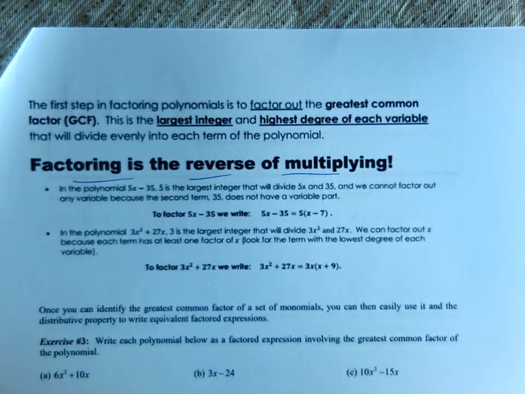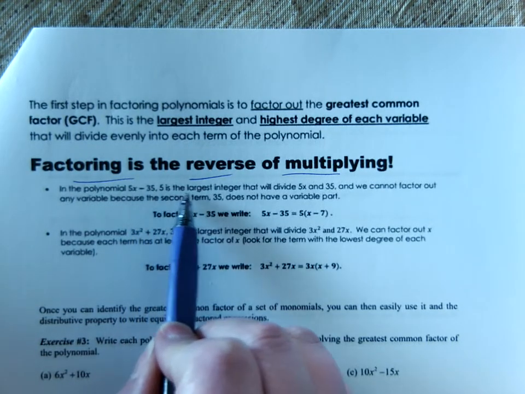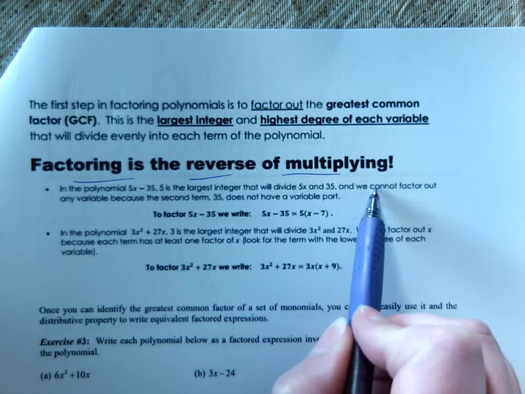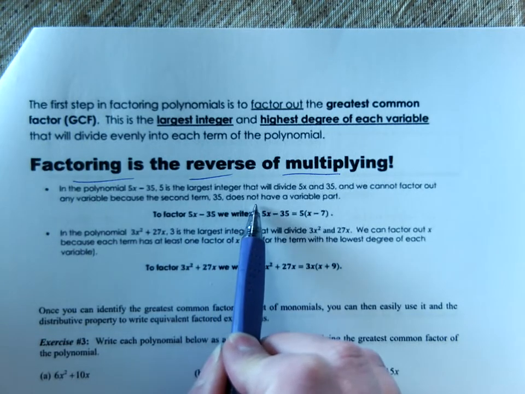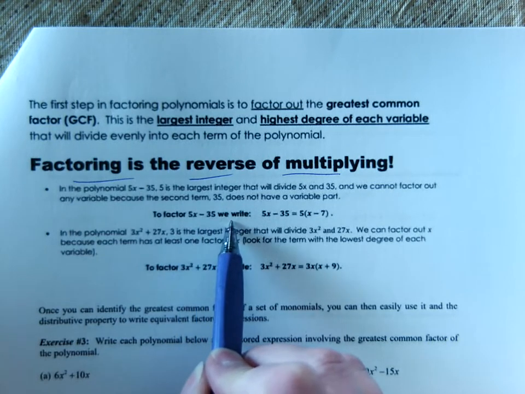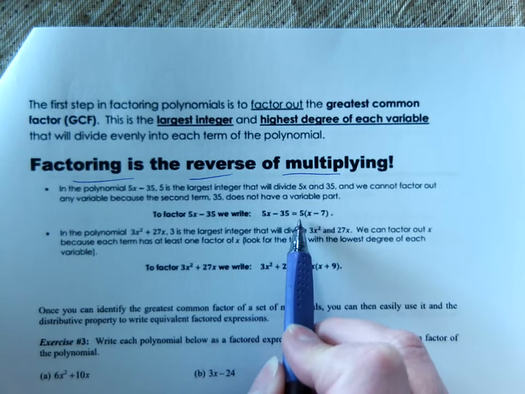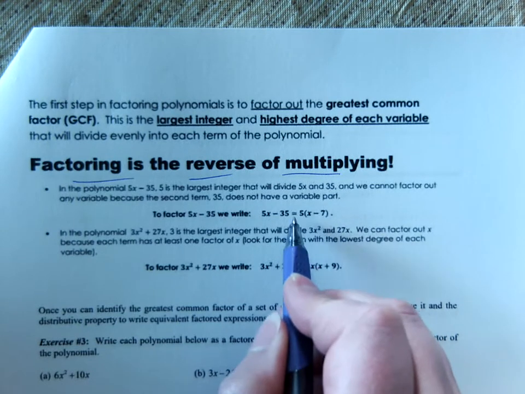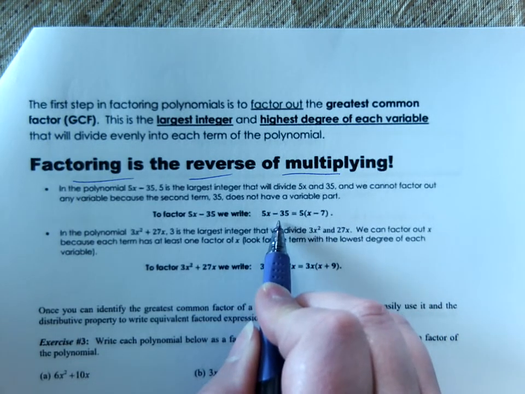In the polynomial 5x minus 35, 5 is the largest integer that will divide 5x and 35, and we cannot factor out any variable because the second term, 35, does not have a variable part. To factor 5x minus 35, we write 5x minus 35 equals 5, and then in parentheses, x minus 7, because this is what we would have if we wanted to distribute and go back to the 5x minus 35.